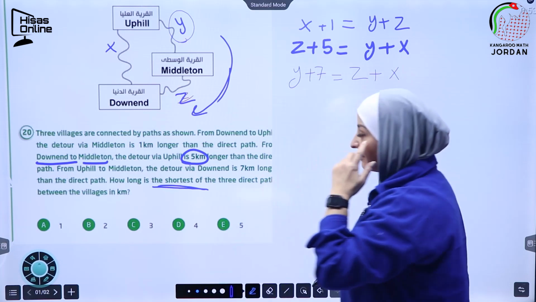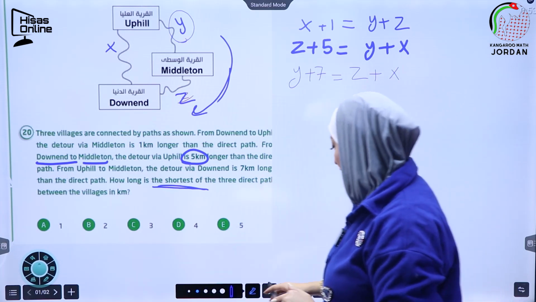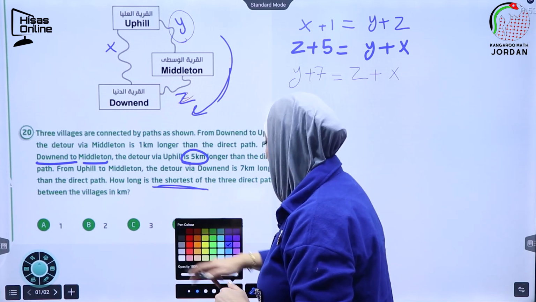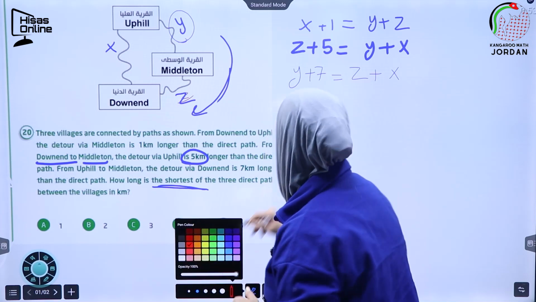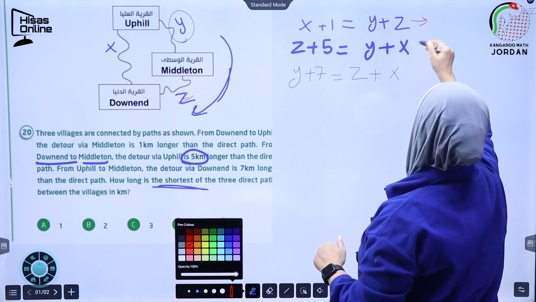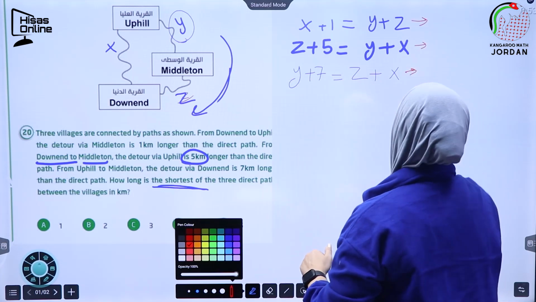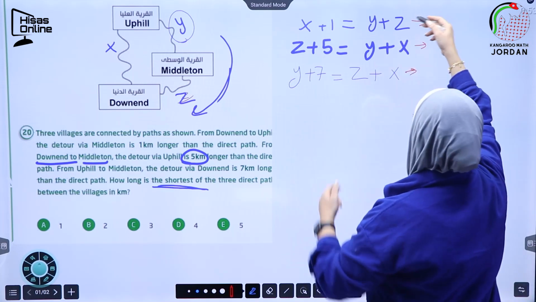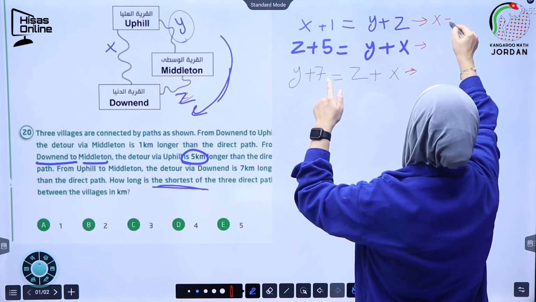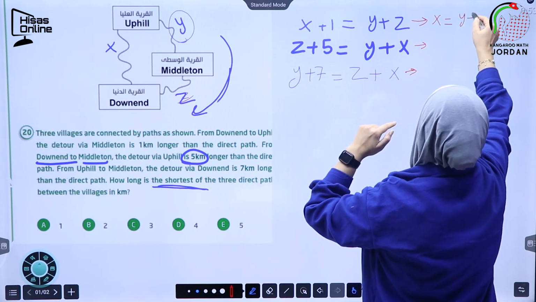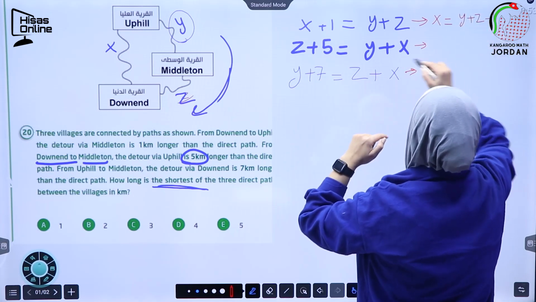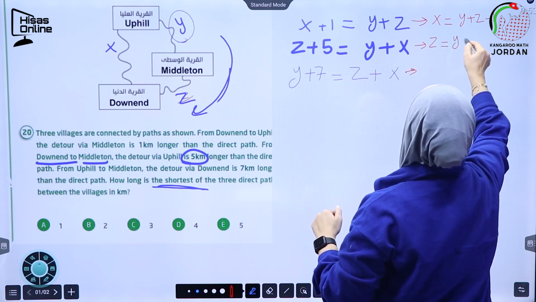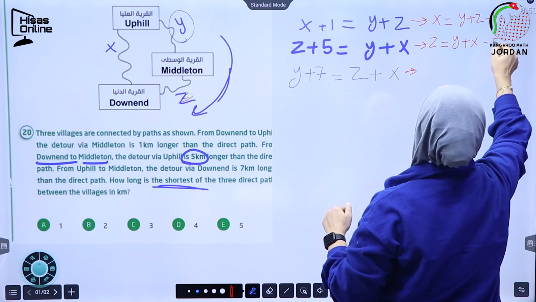Guys, as you see here, we have 3 equations. I will change the color to rewrite the equations in terms of each variable alone. Then I will substitute it in a different equation. First of all, we will write this as X equals Y plus Z minus 1. And here we go, Z equals Y plus X minus 5.